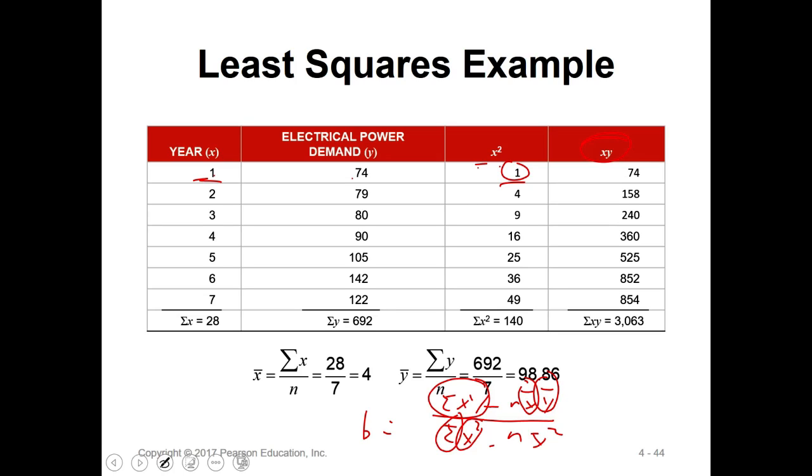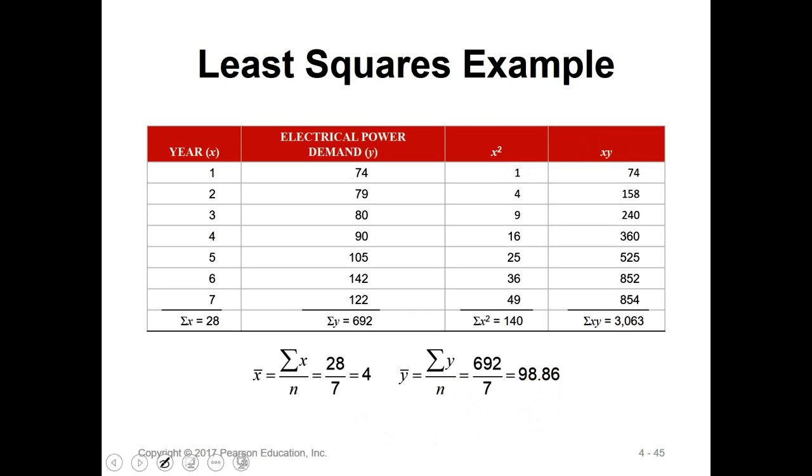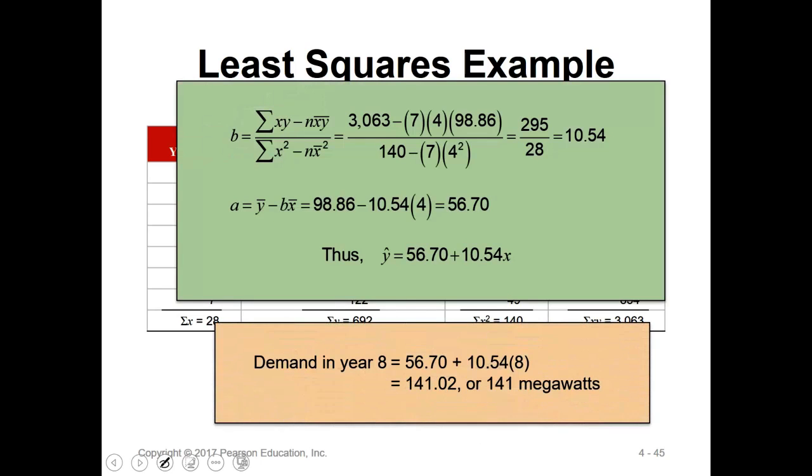Excel can help us easily complete all of the calculations. After we do the calculation, we can find A and B. After you get A and B, you determine the linear equation, right? So let's do all of this in class 7. Can you open it?